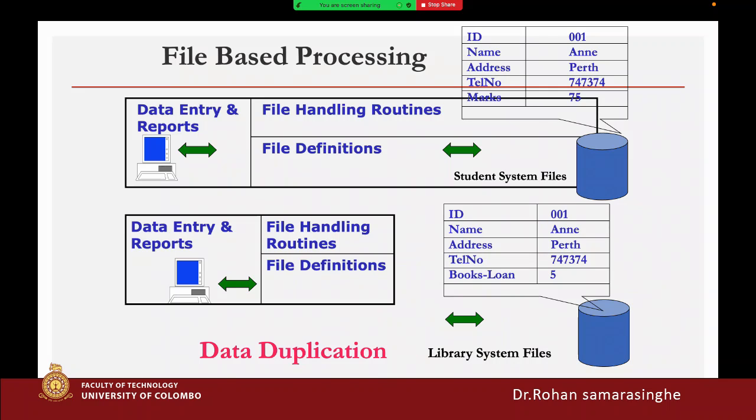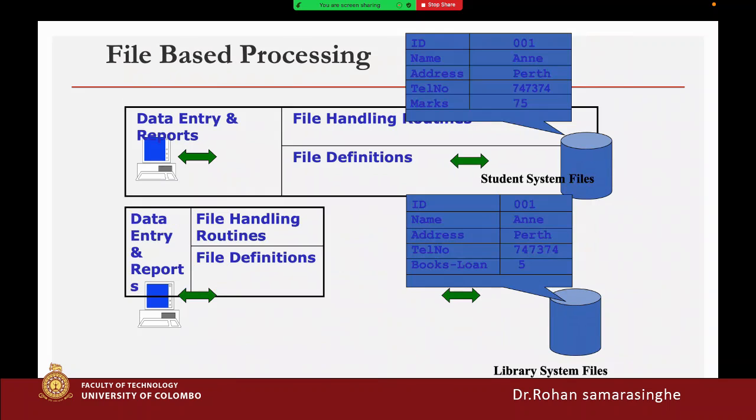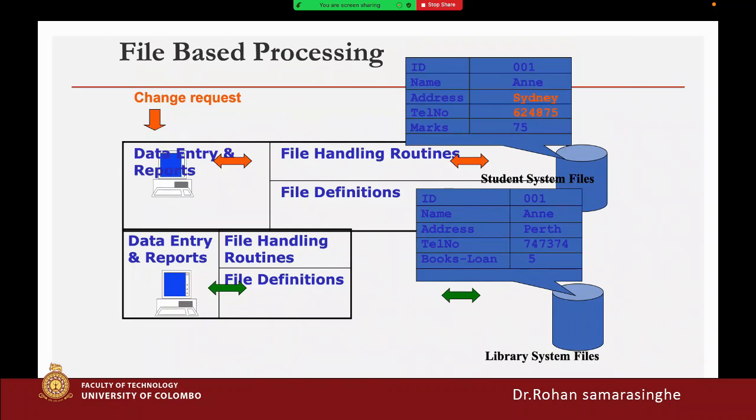Data duplication can be found, as well as updates not being applied. Here you can see file-based processing and a change request: change the student address and telephone number, but one place is changed while the library system has not been changed. That means you can find some inconsistency of the data.